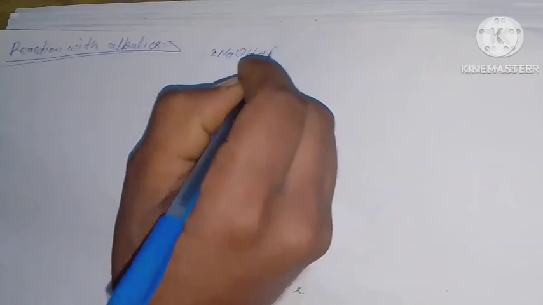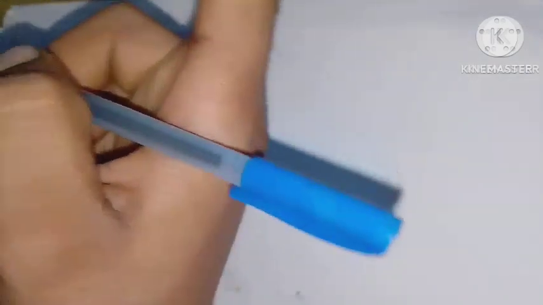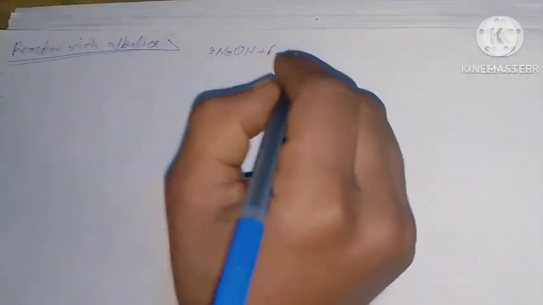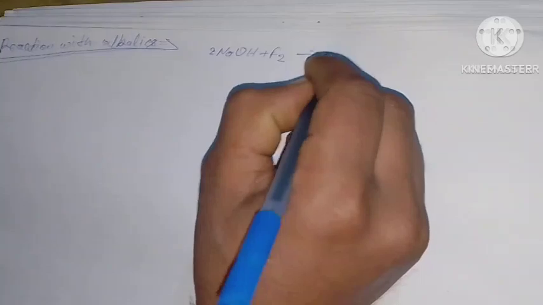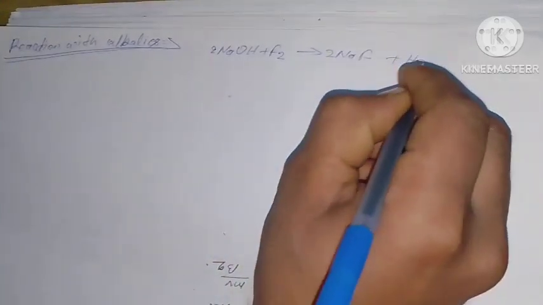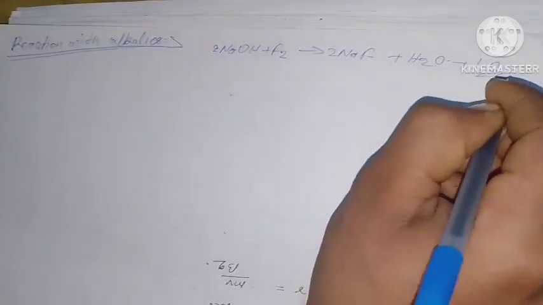2NaOH plus F2 gives 2NaF plus H2O plus half O2.